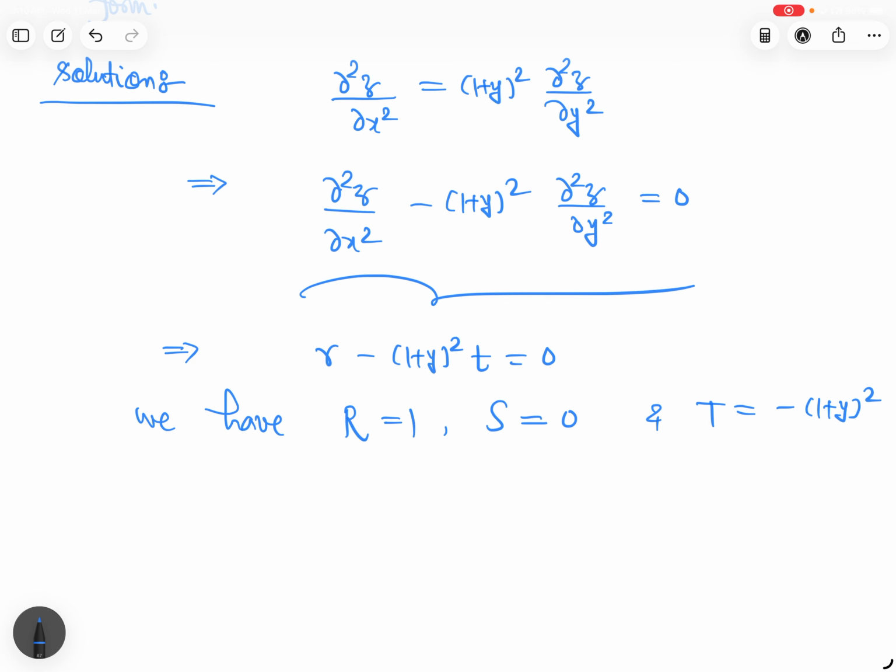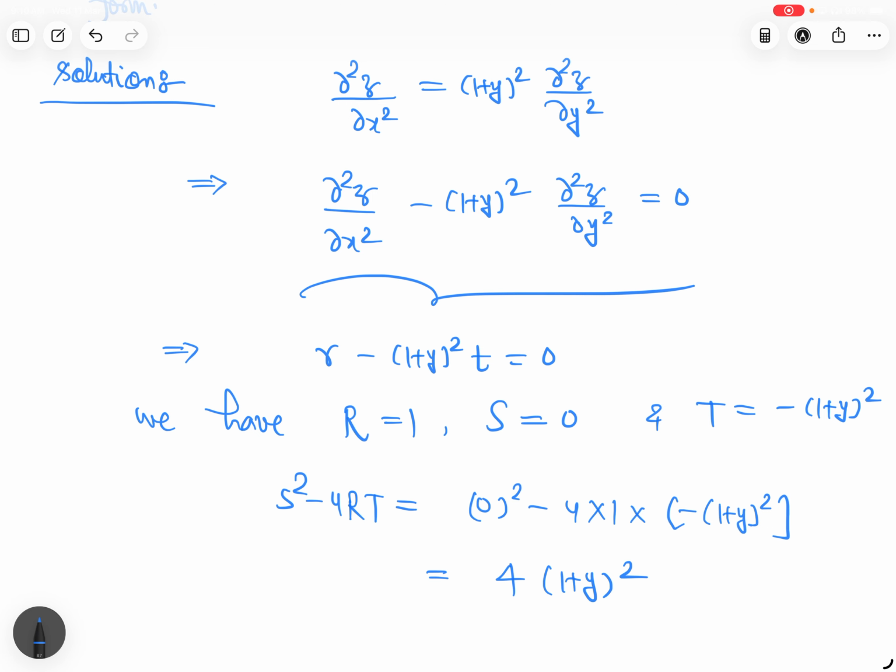What is S square minus 4RT? It is 0 square minus 4 into 1 into minus 1 plus y square. So this is 4 times 1 plus y square.